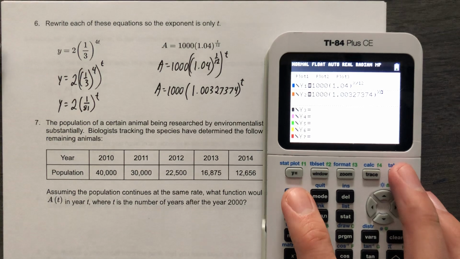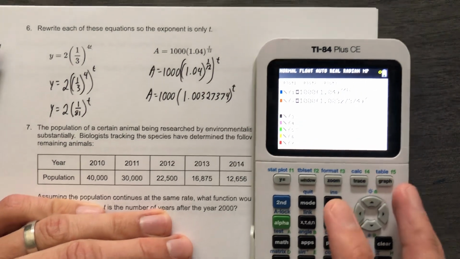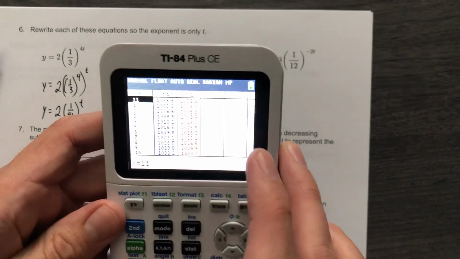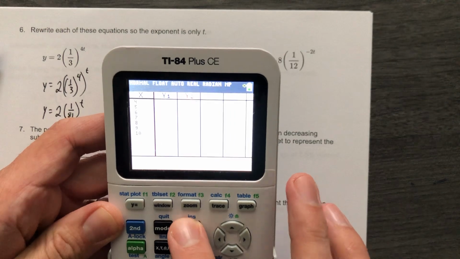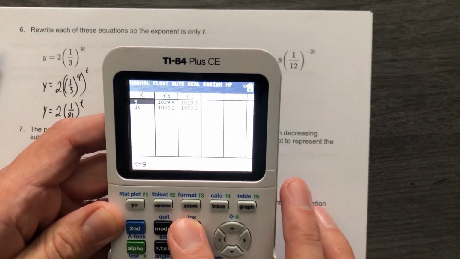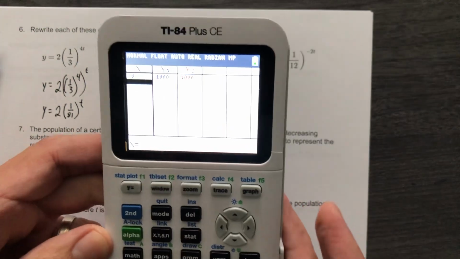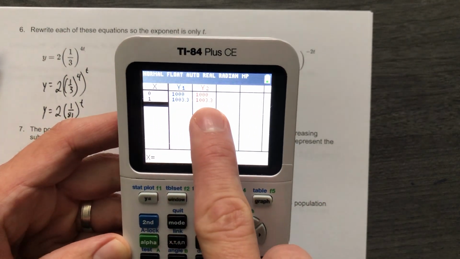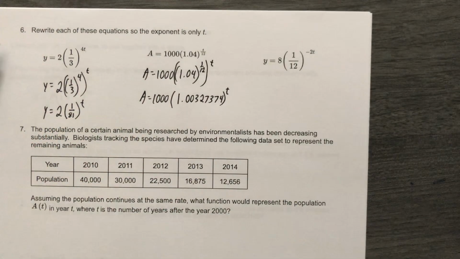I should get the same thing regardless of what I plug in. I should. And I do, okay? You're having a hard time seeing it because of the glare here, but if I plugged in 0, which is really easy to do, then that would be my initial value of 1,000, so no surprises there. But if I plug in a 1, I get 1,003.3, 1,003.3, okay? Again, not a proof, just a demonstration. Plug in whatever, you'll get the same thing.